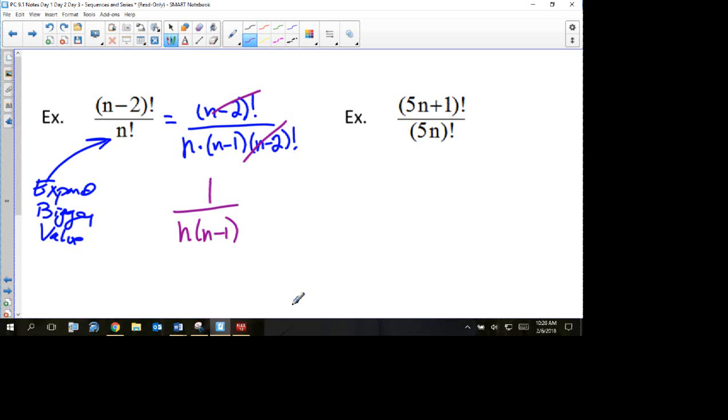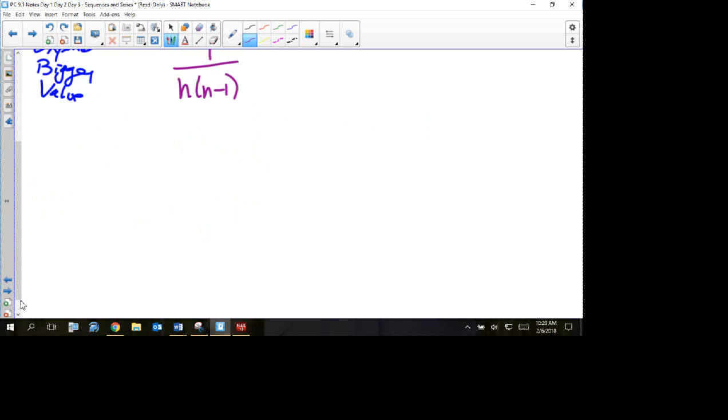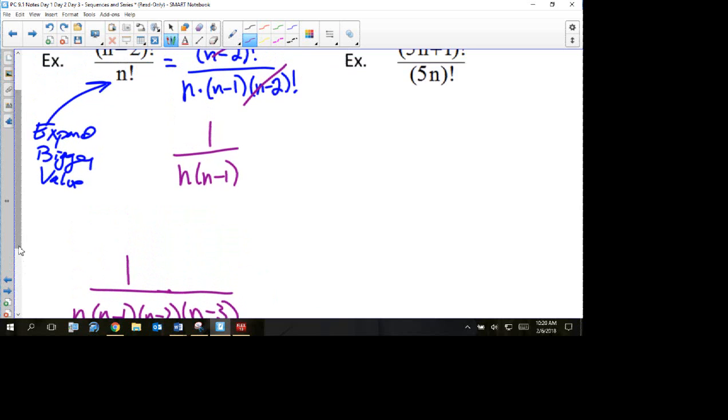You don't have to multiply it out if you want to do extra work. What if that's my denominator when I'm done? You're going to want to multiply all that? There's no reason to. So I would just leave it.